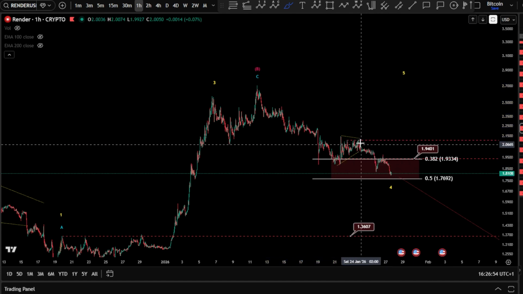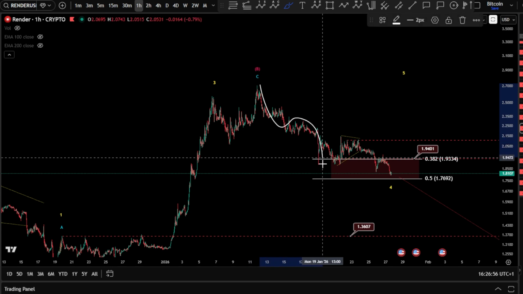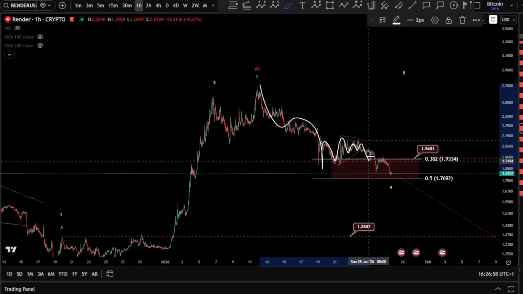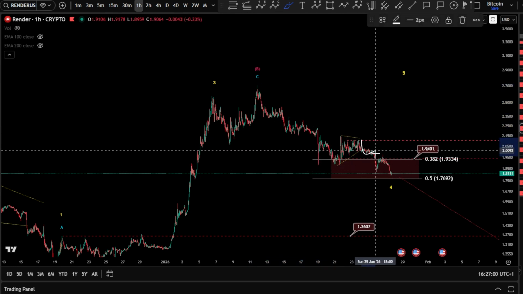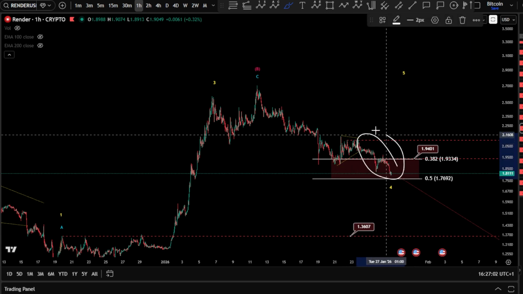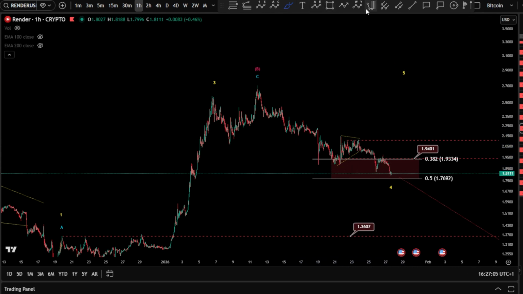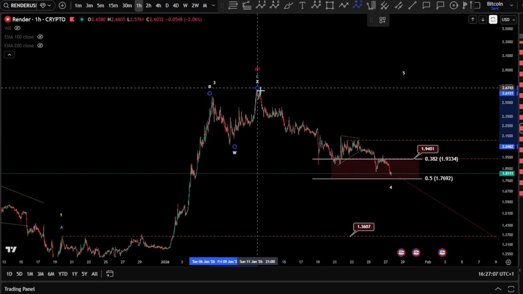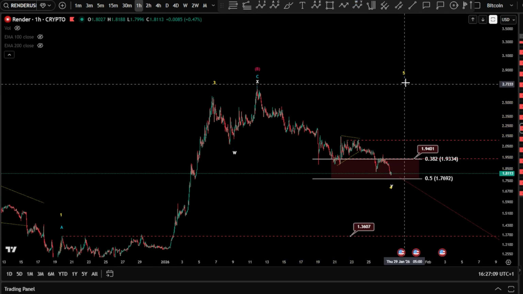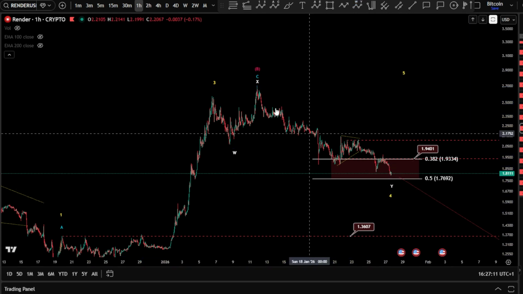It can be 3 waves down and a triangle, and then 3 waves down again. This is very likely done and finished already, and we are very likely to start to see something pushing for higher in a W, X, and a Y for this wave 4.